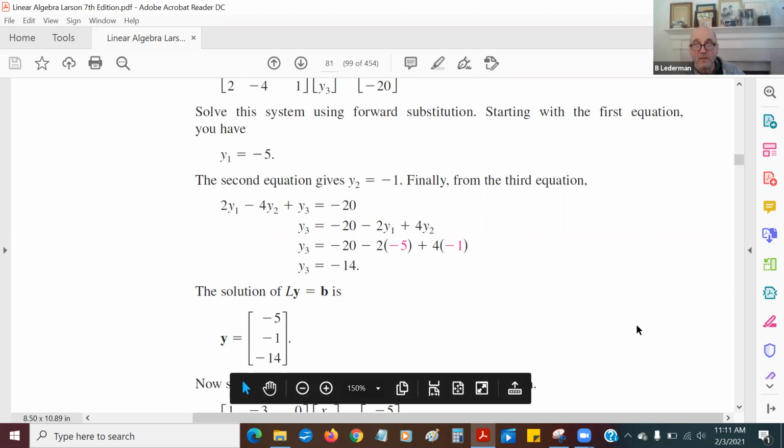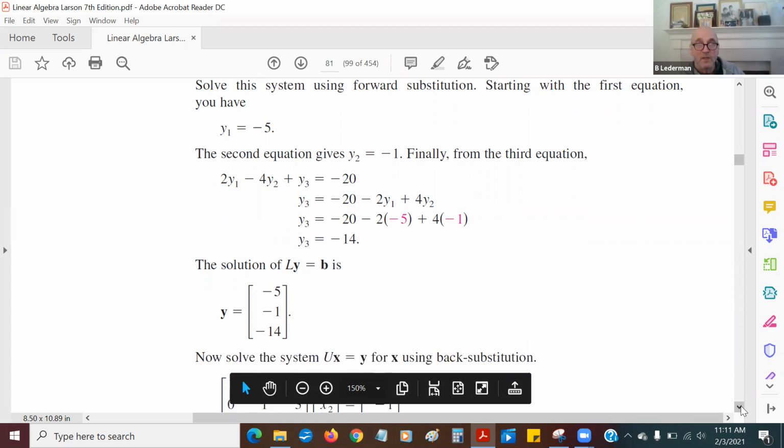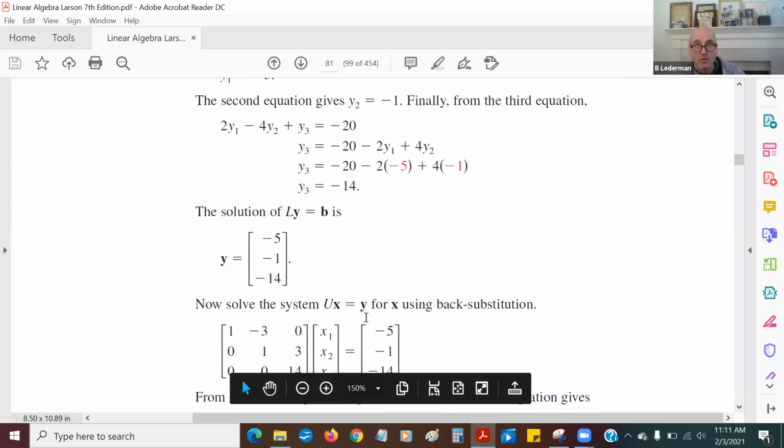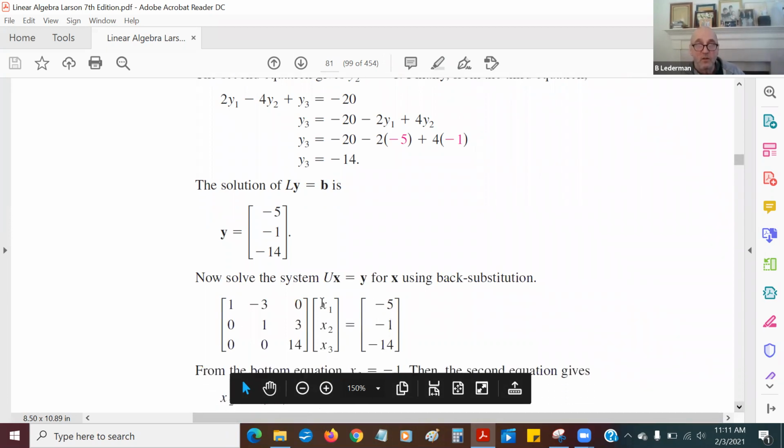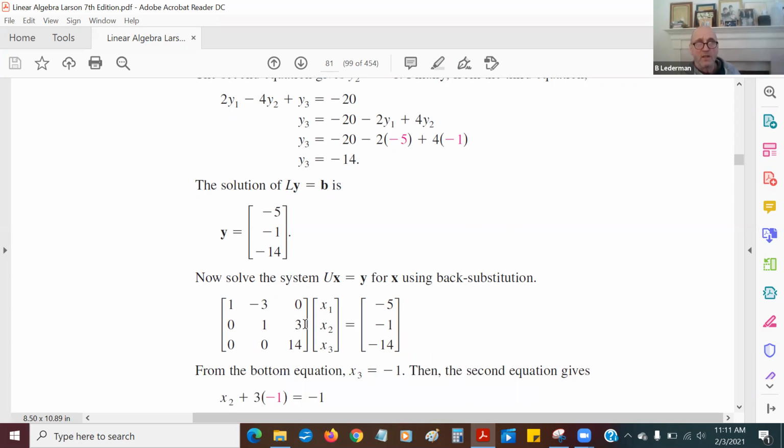Now I'm going to do my Ux equals y and solve for x. So that's the U from my LU. That's the x's, which is what I really want. And this is the y constants that we just solved for. Well, 14x3 equals -14, so x3 equals -1. If x3 equals -1, this tells me x2 plus 3 times -1 equals -1.